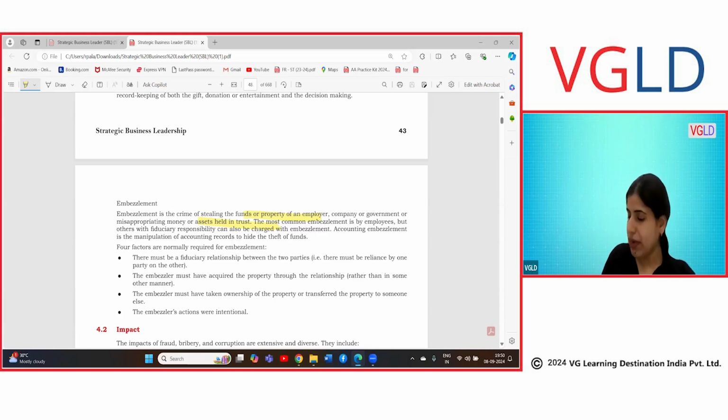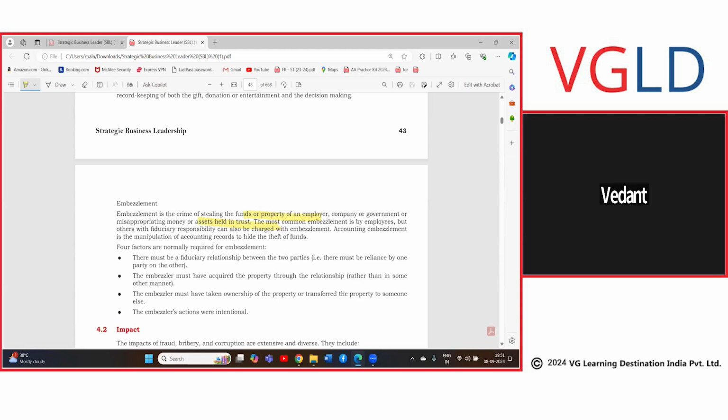And for that purpose, we must have a fiduciary relationship. So have you heard about the word fiduciary relationship? It's like doing work on behalf of the other, like the directors and shareholders share a fiduciary relationship among themselves.